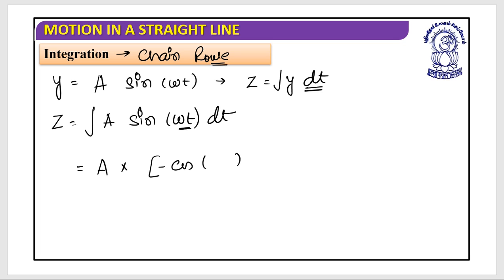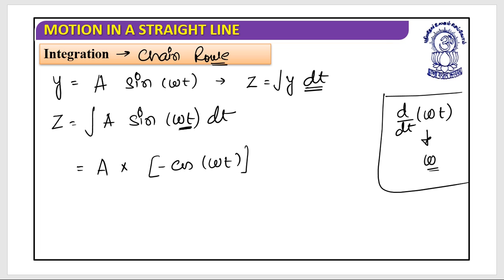Now you are going to write here t, but it is omega t, so you are going to write it as omega t. But you made an incorrect assumption that it is t, so you need to pay for it, and to pay for it you differentiate the term which you assumed incorrectly, omega t. So d by dt of omega t should be omega.